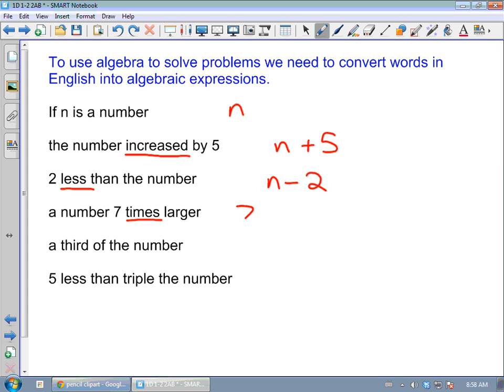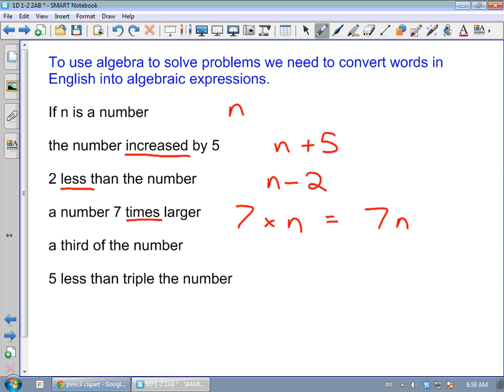So we would do 7 times n. And if we've got something like 7 times n, we can make a single term out of this. Okay? Just like on the previous slide when we were writing those terms, we didn't write that little multiplication sign in between. We can write that just as 7n. Okay? And we just sort of assume that when we see those things next to each other in a term, that we're multiplying the two of them together.